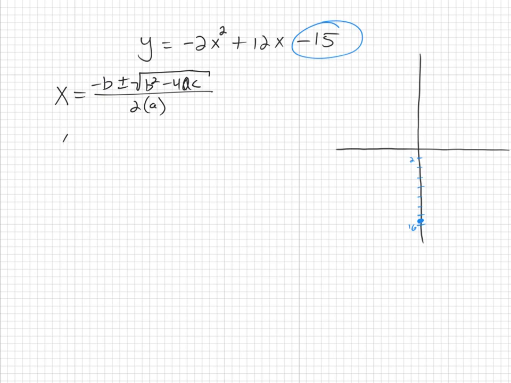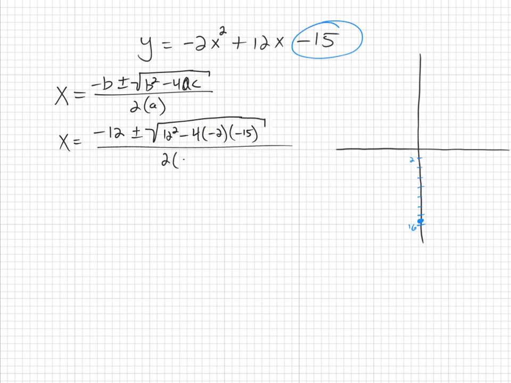And we're just going to replace values, so -12, it's a positive 12, but it says -b, it's the opposite of 12, plus or minus the square root of 12 squared minus 4 times a, which is -2, times c, -15. We're going to honor the values in between them, all over 2 times a, which is -2.